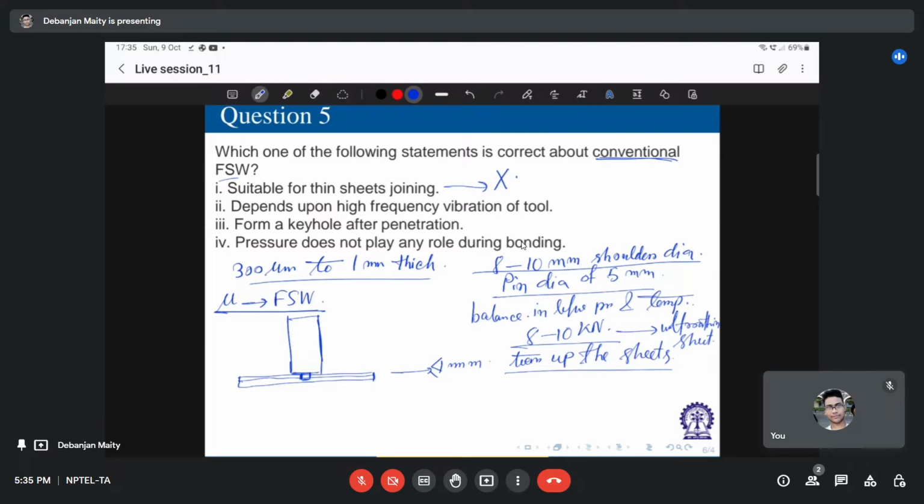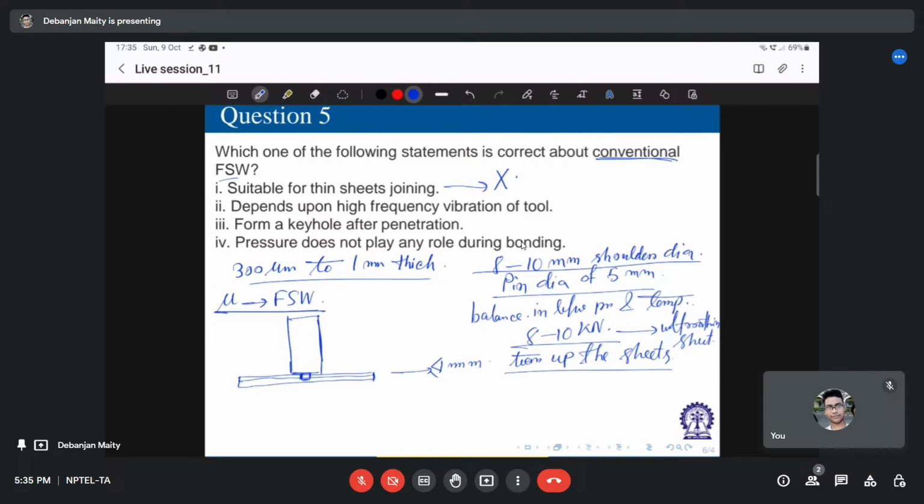So if you are doing friction stir welding, there are different kinds of process parameters. It can be axial load, it can be RPM, it can be penetration depth. So there should be proper balance between RPM, penetration depth, and axial load. So basically, what people do is they use high RPM.